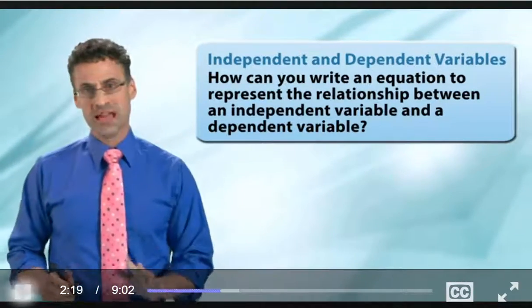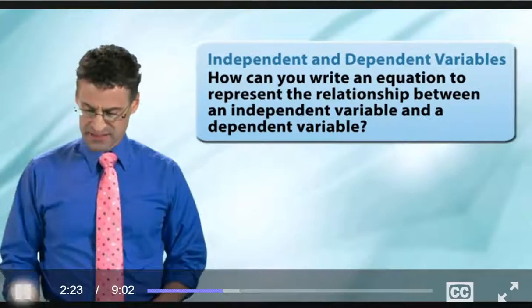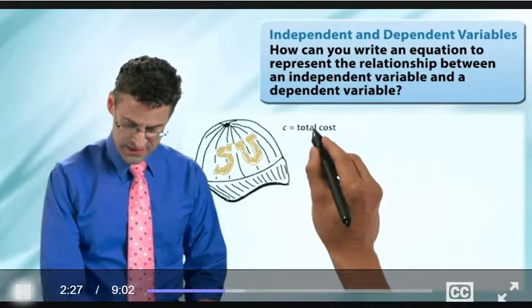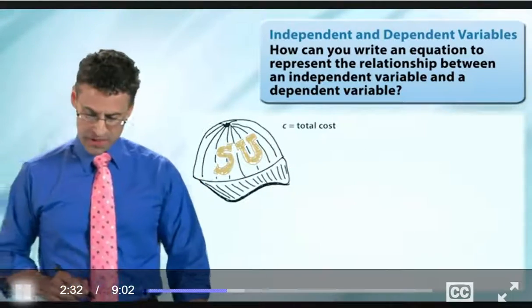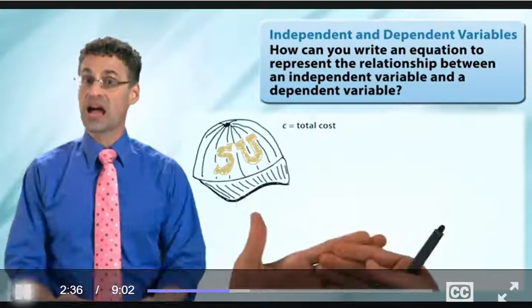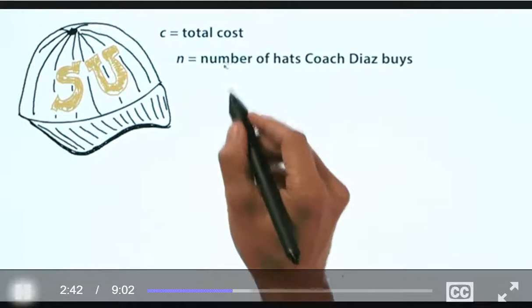So let's just think of what we have. C represents the cost of the hats that he's going to buy, the total cost. So I'm going to write that here and say C represents the total cost. Okay, great. Now N represents the number of hats that he's going to buy. So N represents the number of hats that Coach Diaz is actually going to buy.